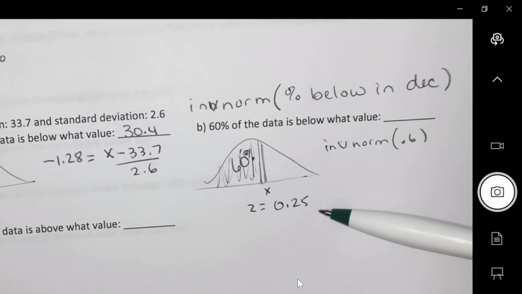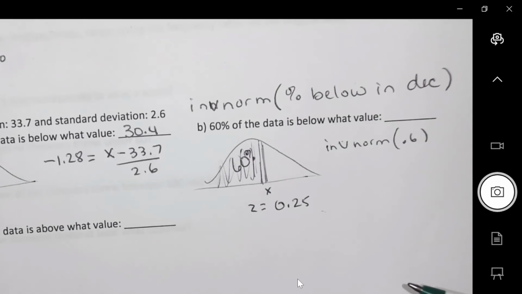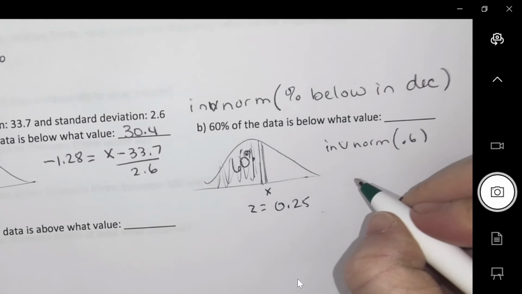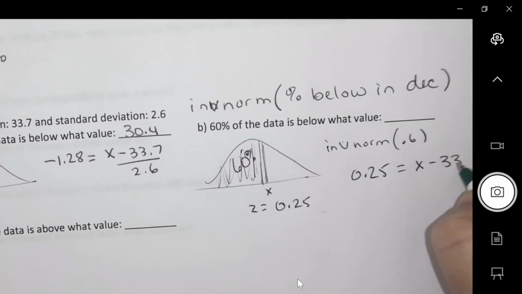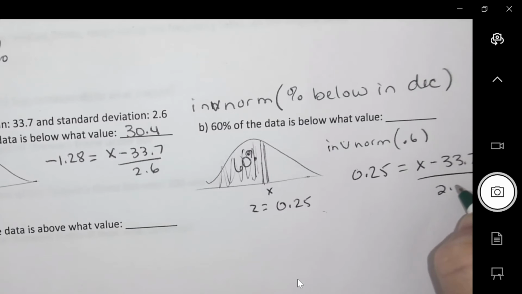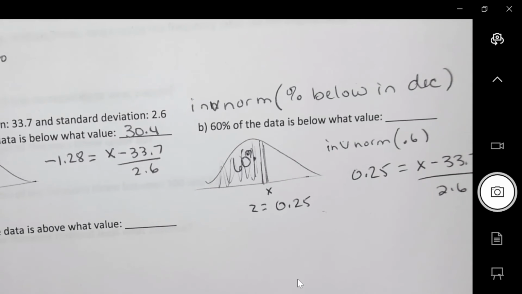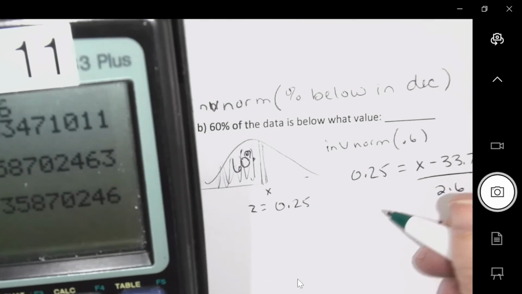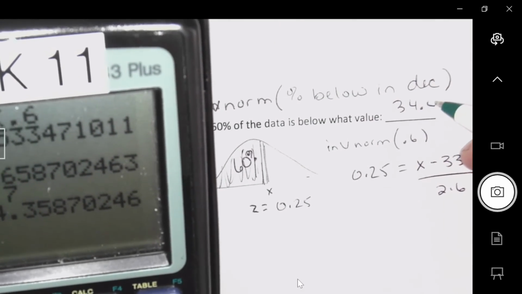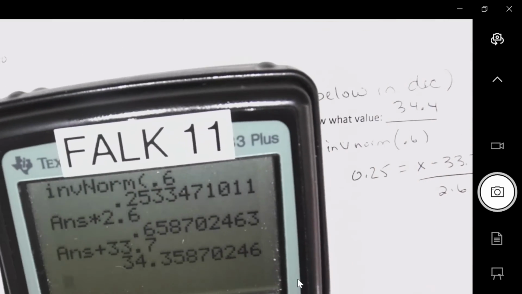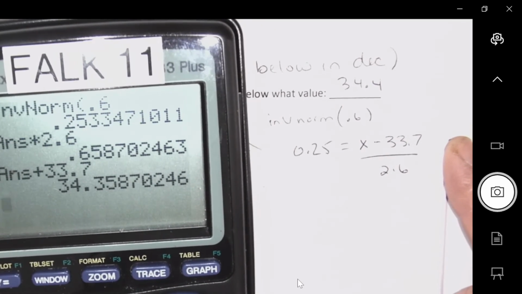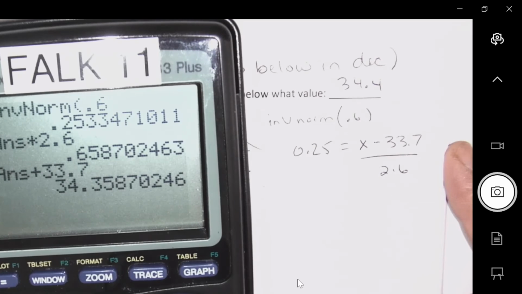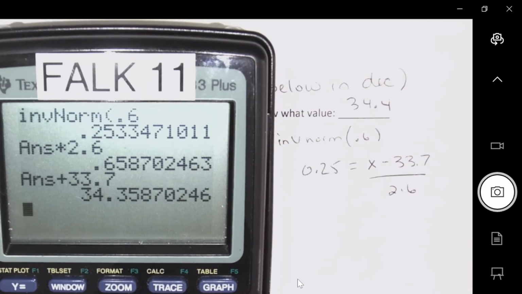Now I have to take that z-score and convert it back to an original score. So 0.25 equals what minus the mean over the standard. Okay, so I took all that on my calculator, I times it by 2.6 and added 33.7.